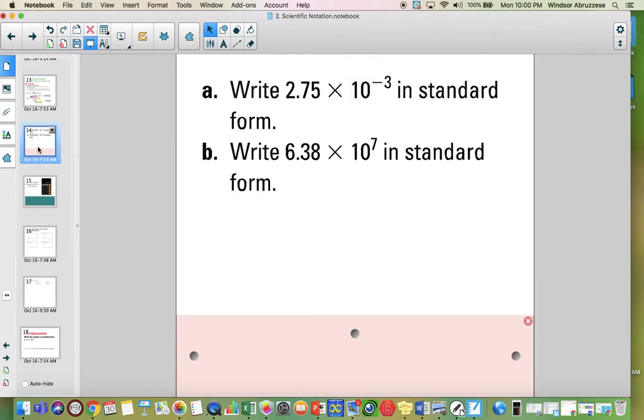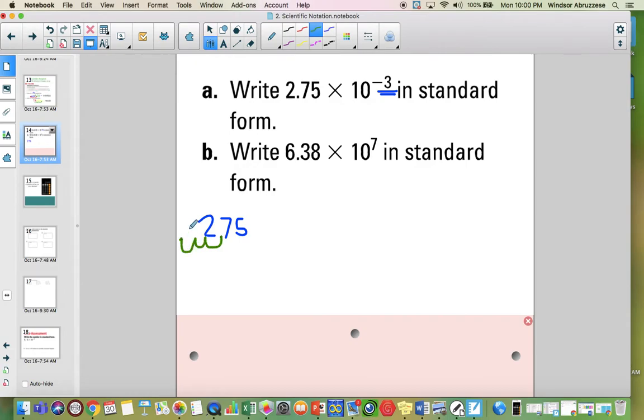Let's do 2 more. Write 2.75 or 2 and 75/100 times 10 to the negative 3 in standard form. Okay, so let's write our first factor, 2.75. Now, negative 3 means I'm making the number small. So I'm going to go 3 times to the left. 1, 2, 3.